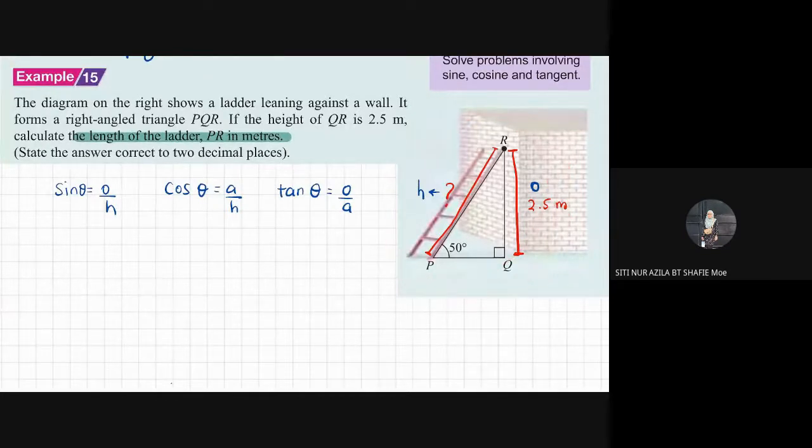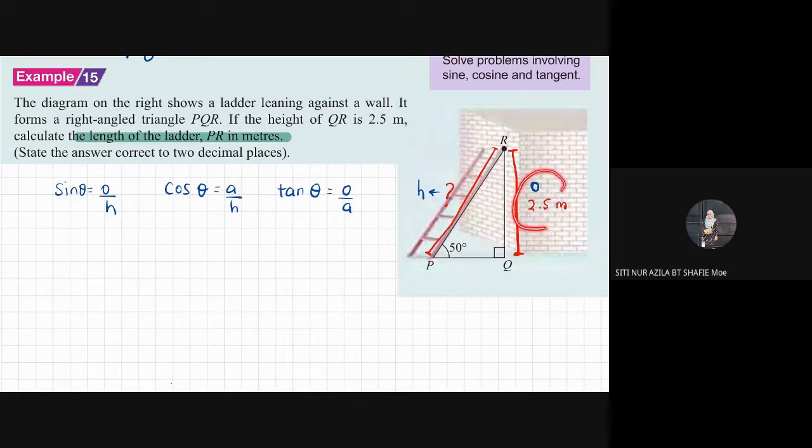Which one to choose depends on which side you want to look for and which sides are given in the question. So we have O and H here. O and H. So which one is suitable for this question? Sin, cos, or tan?